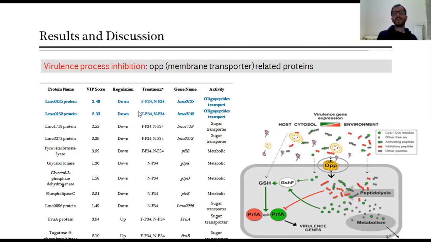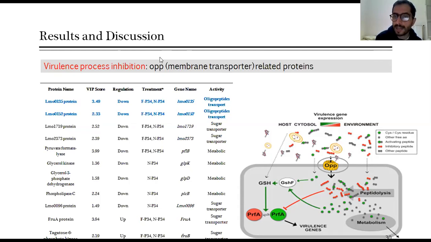First of all, I'm going to present these proteins that were downregulated in both groups, the treated samples with encapsulated antimicrobial peptide P34 and the free antimicrobial peptide P34.